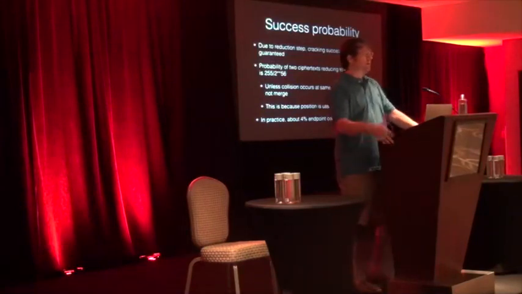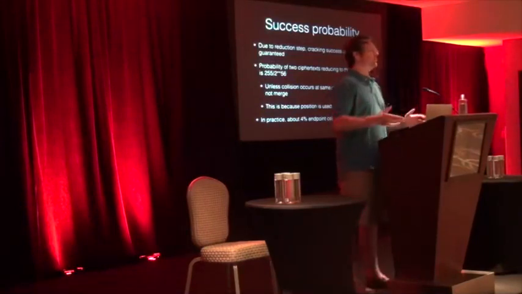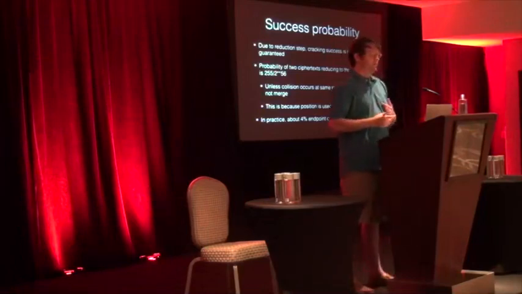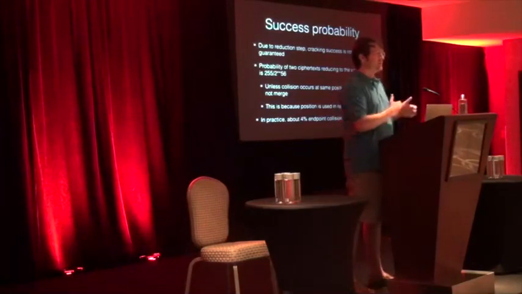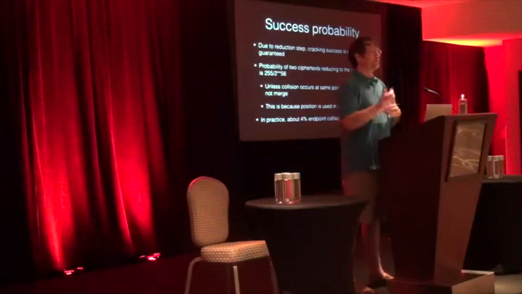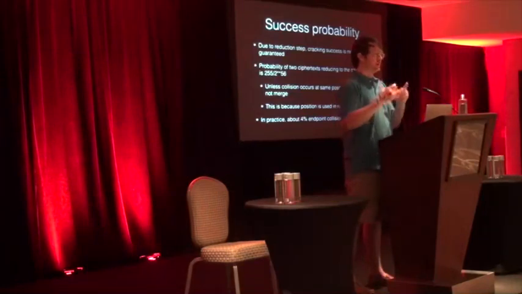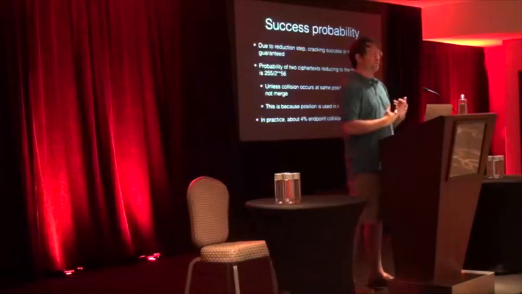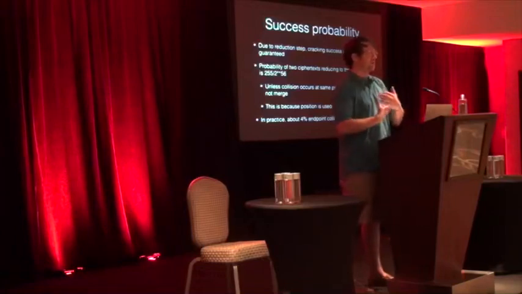I also want to mention that due to the fact that rainbow table generation is lossy, cracking success is not guaranteed. Even though I put in 2 to the 56 inputs, because we're reducing in every single step in the chain generation, 8 bytes to 7 bytes, we're throwing away data. So there is a probability that 2 ciphertexts will reduce to the same key in that reduction step.